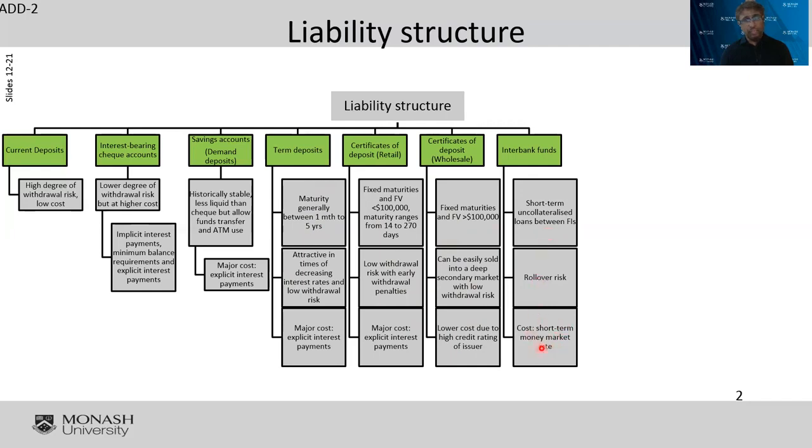This is actually issued based on the market rate. And when it is based on the market rates, it keeps fluctuating, and the cost is the short-term money market rate.